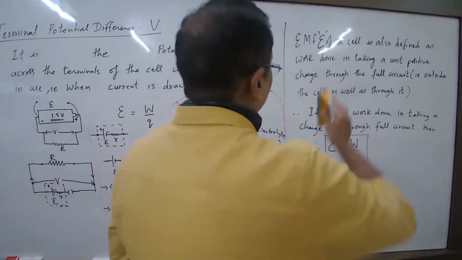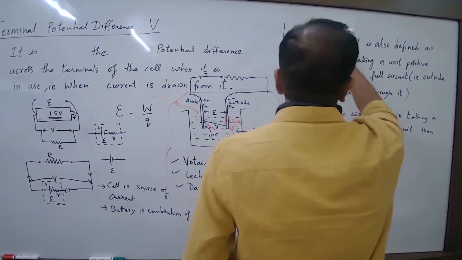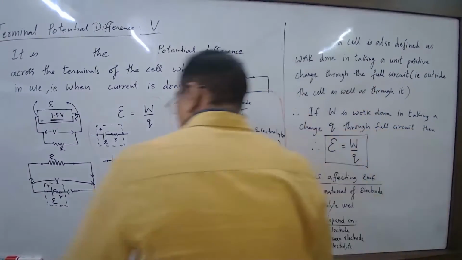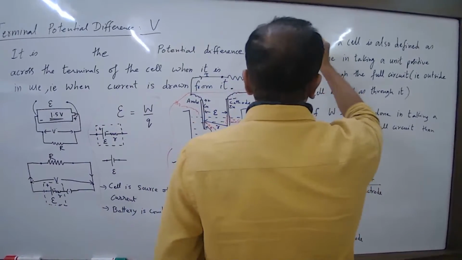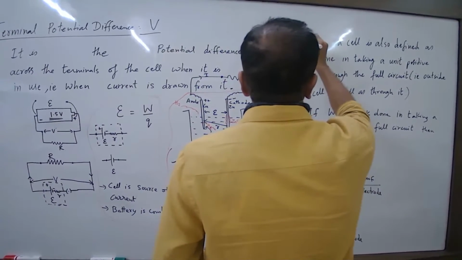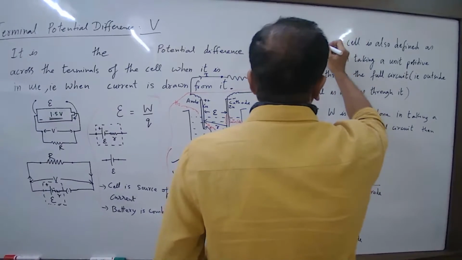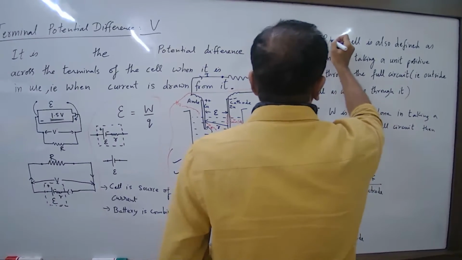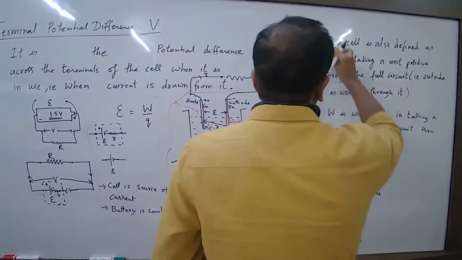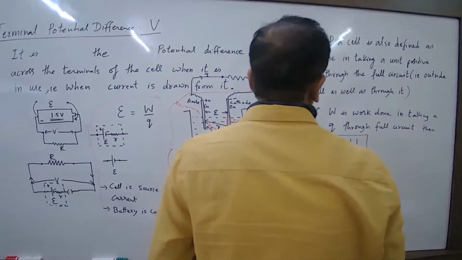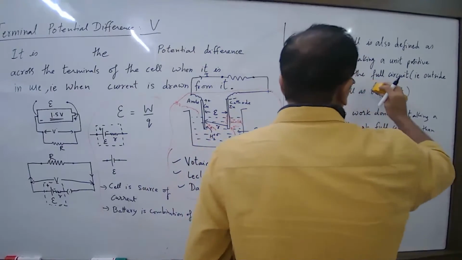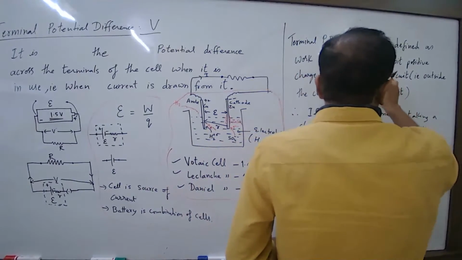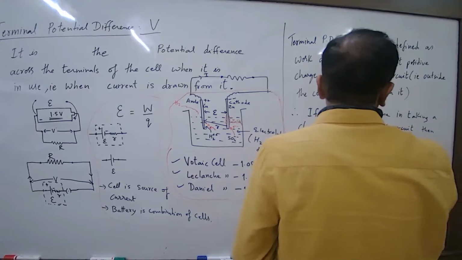So what is terminal potential difference of a cell? So this is the alternate definition. Terminal potential difference of a cell is also defined as the work done in taking a unit charge through the external circuit.